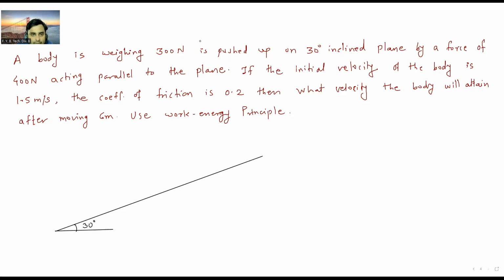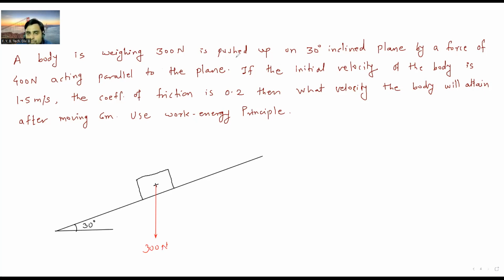Then here a body weighing 300 Newton. Here is the centroid of the body. So weight is acting vertically downwards, always. This is the weight acting vertically downwards, 300 Newton.